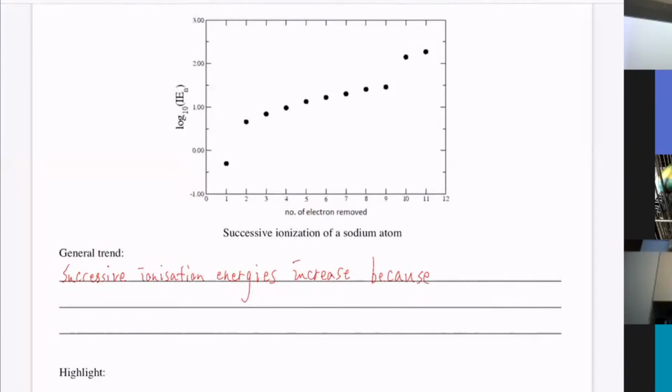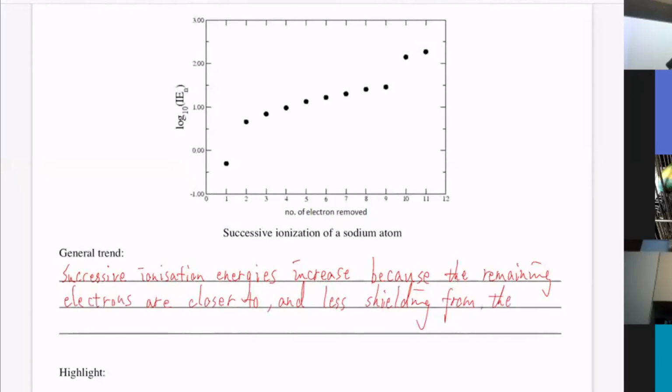That's because the remaining electrons are closer to the nucleus, and they experience less shielding effect from other electrons.